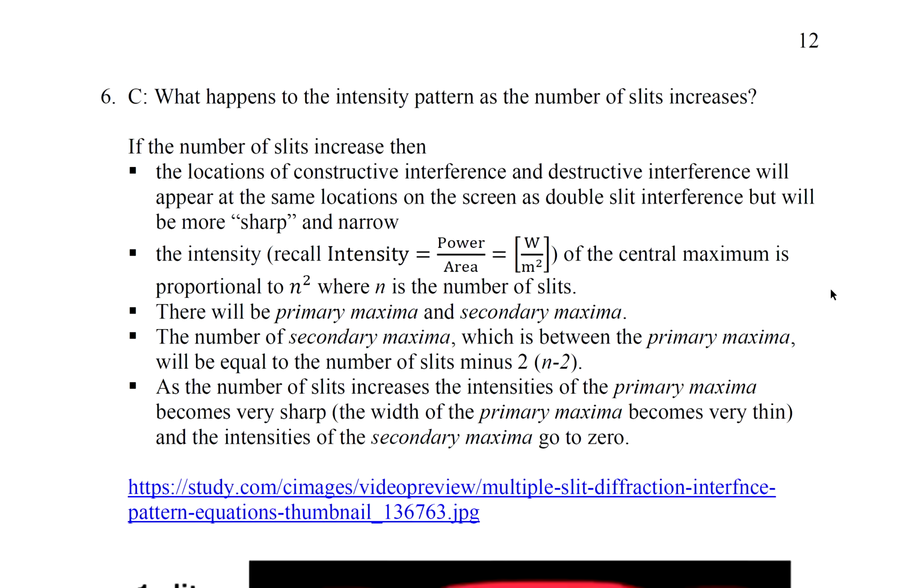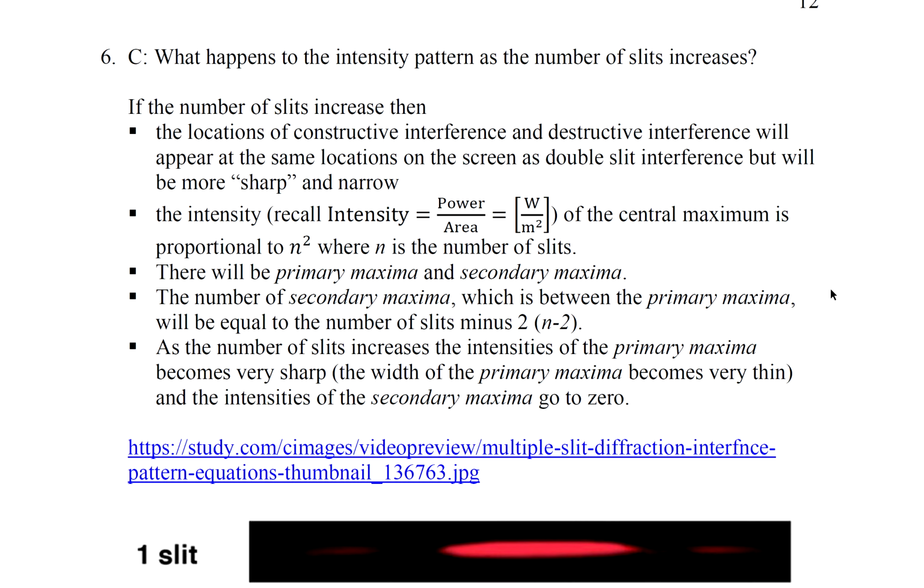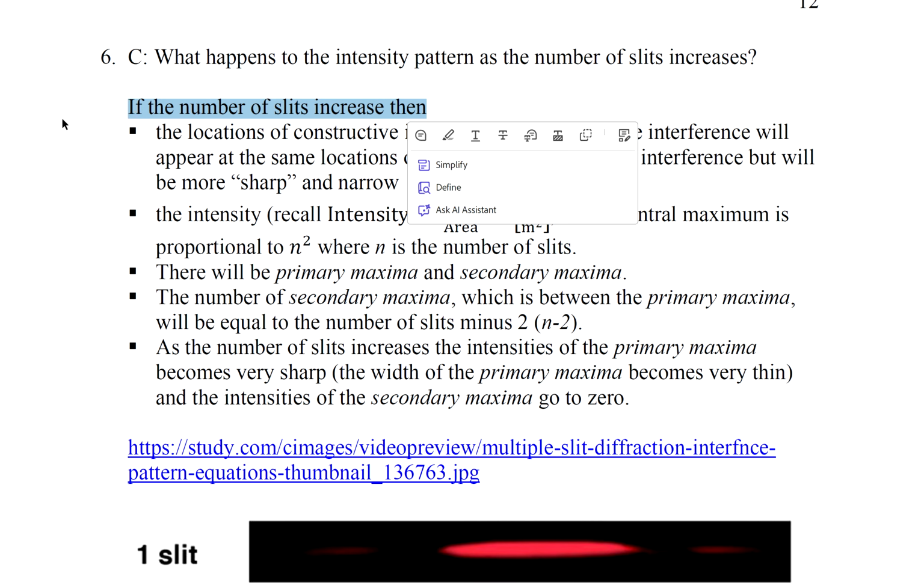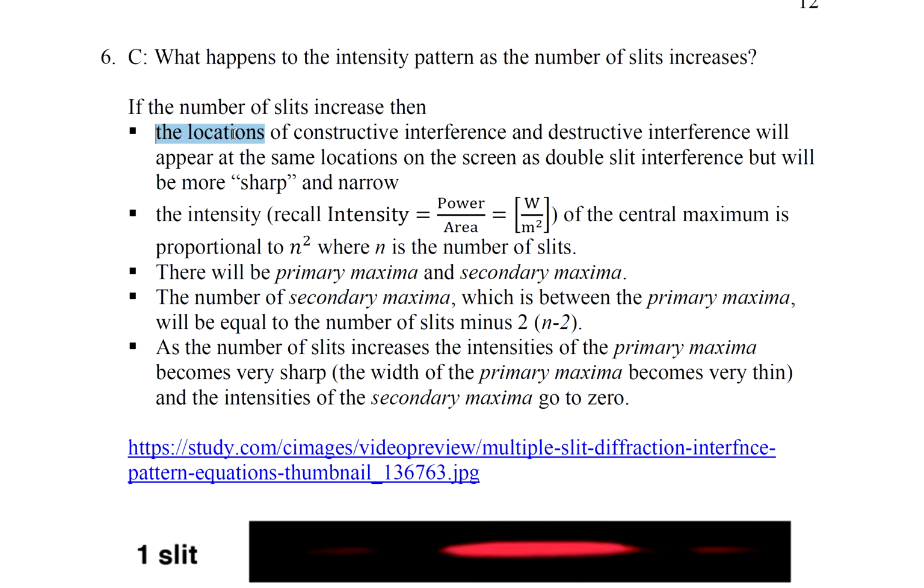What happens to the intensity pattern as the number of slits increases? So we're going to go from 2 slits to 3 to 4 to 5. If the number of slits increases, then locations of constructive and destructive interference will appear at the same locations on the screen as double slit interference, but will be more sharp and narrow.